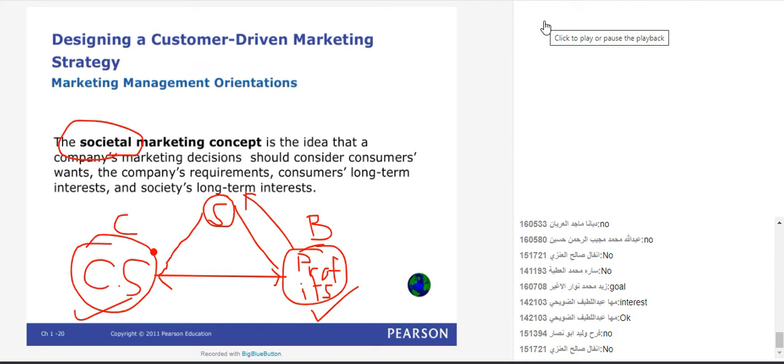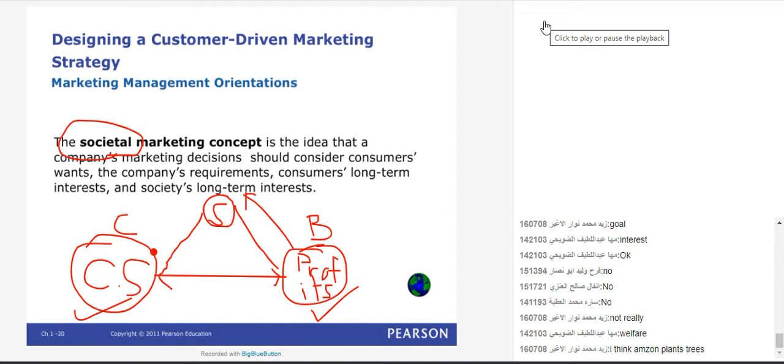Okay. Tell me, Farah, have you heard about any campaign done by any company for the welfare of the society? Like Amazon planting trees, yes. Donation campaigns, okay. Something for the society, okay.